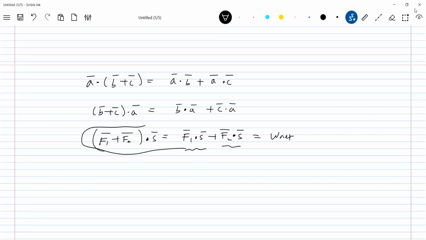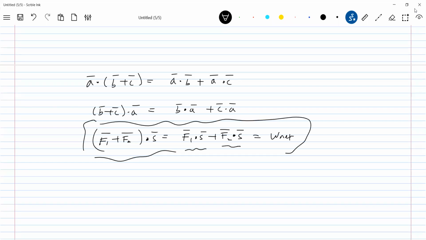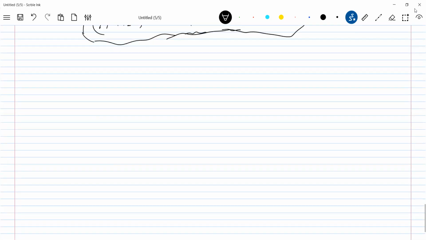This comes from the idea of the dot product. So today what you learned: net work done by more than one force, the work energy theorem, all this basic idea. So let's introduce potential energy next.